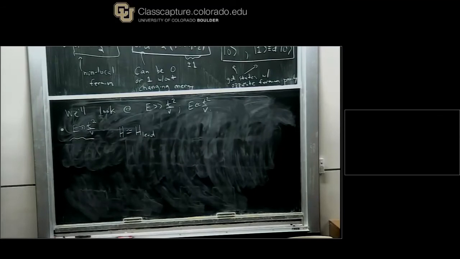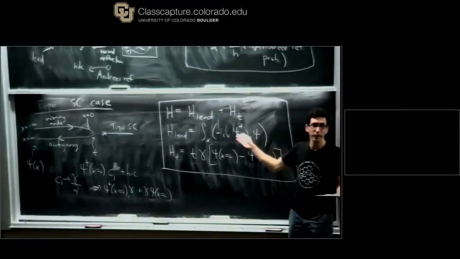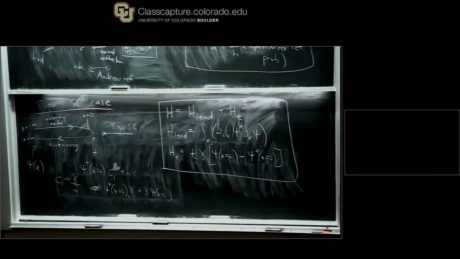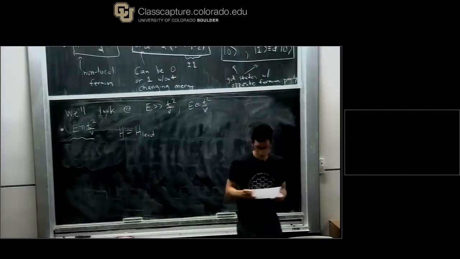So this is a problem we can all solve immediately. This is just kinetic energy. The eigenstates are plane waves. You can just get the eigenstates by passing to momentum space.